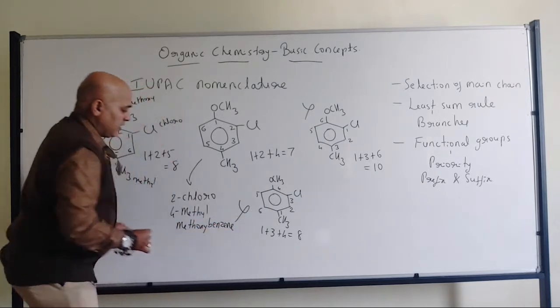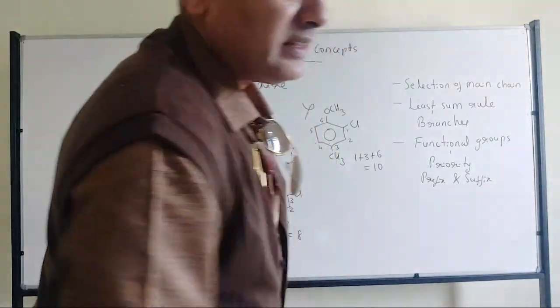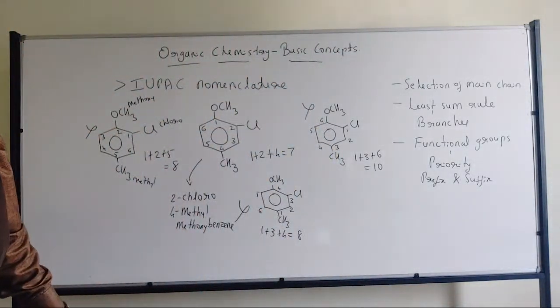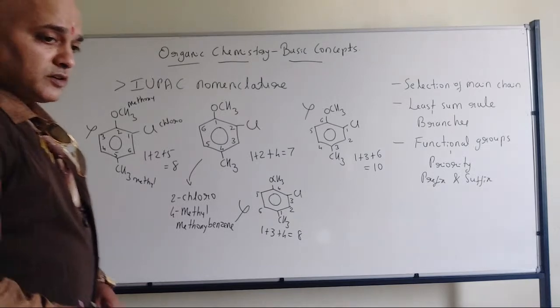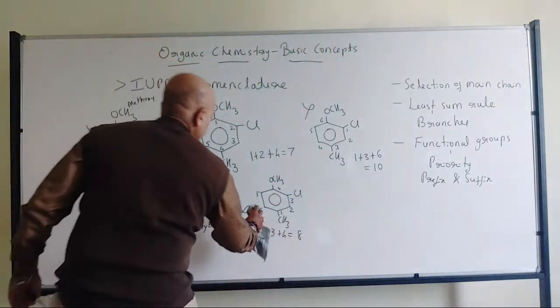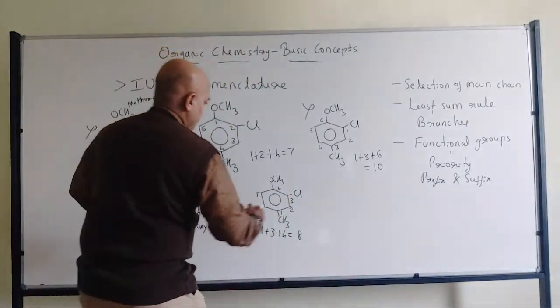Methoxybenzene, or we can call it anisole. All of you have understood? So 2-chloro-4-methyl anisole, that is also fine. The wrong is not for this. This wrong is for that particular numbering.